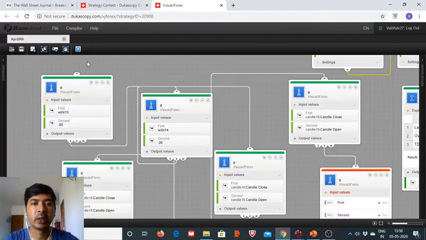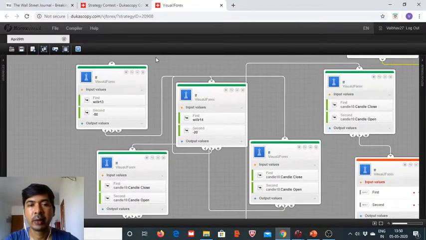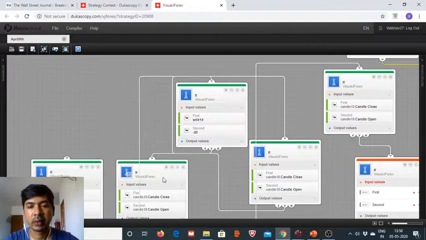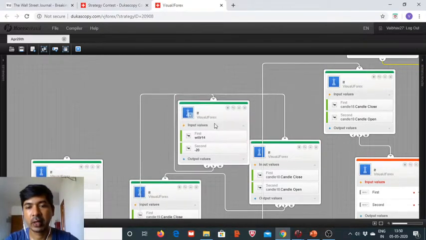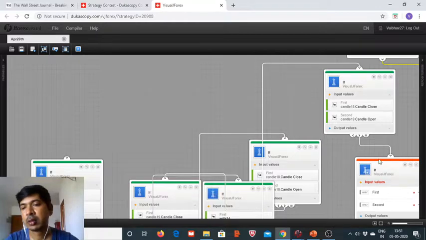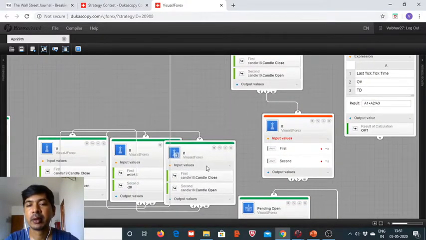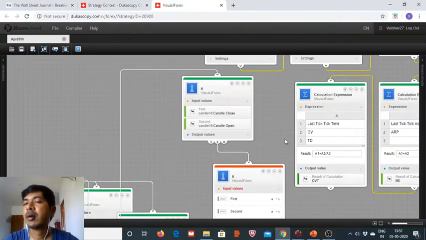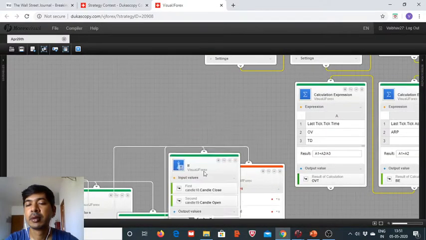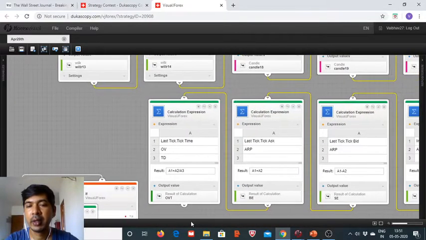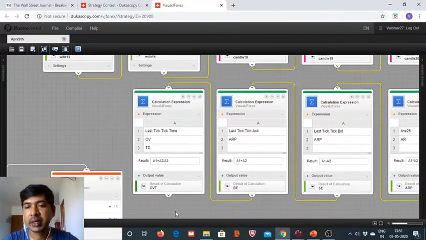Now we will need to compare the 10 seconds value whenever it will start to cross below the desired point. We will go for a fresh trade.